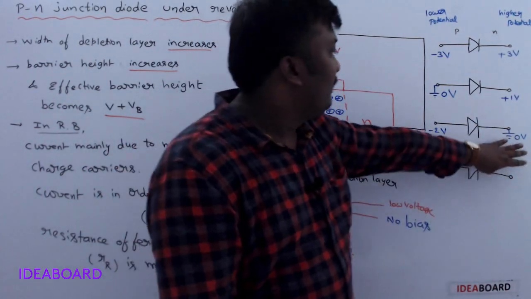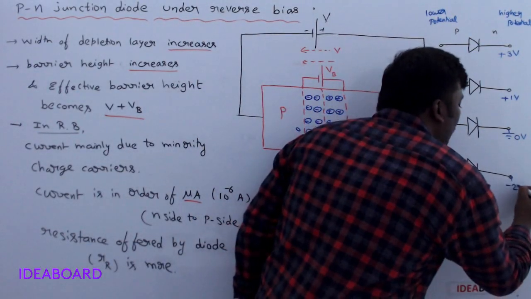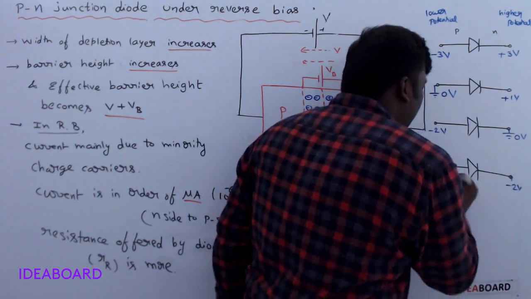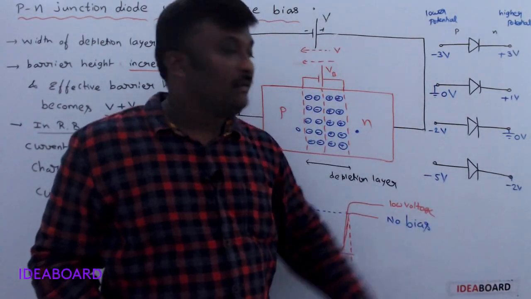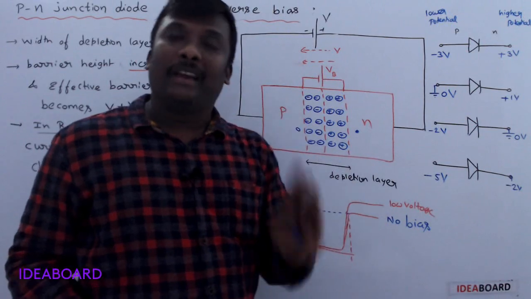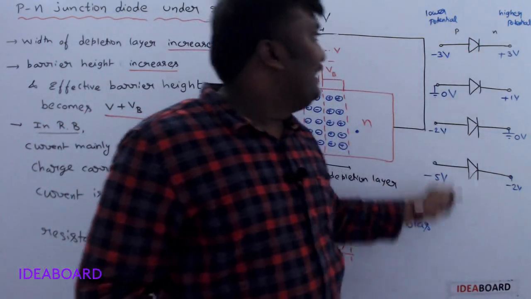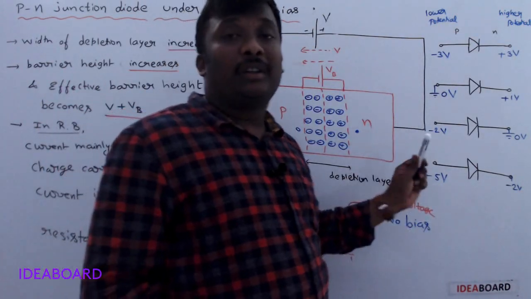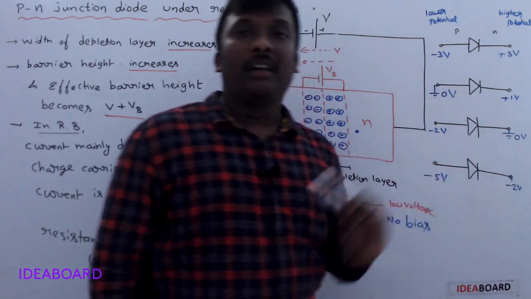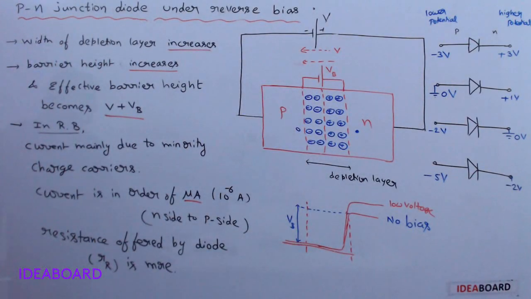That's why it is in reverse bias. If one side is at minus 2 volt and the other is at minus 5 volt, then minus 2 is more than minus 5. It is also in reverse bias. So depending on these examples, you understood whether the diode is in reverse bias or not. Clear? Please note it down.